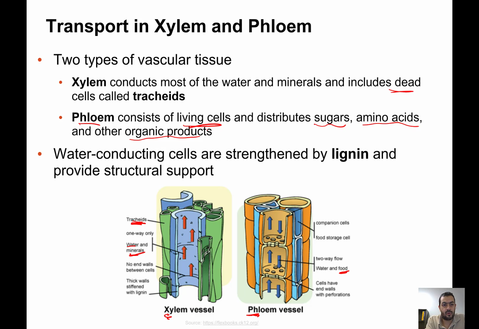And we can see also that the water conducting cells are strengthened by lignin, as you can see here. So the strengthening by this lignin adds structural support, which is needed for the vascular plants, and that's why the vascular plants are capable of growing taller than the non-vascular plants.